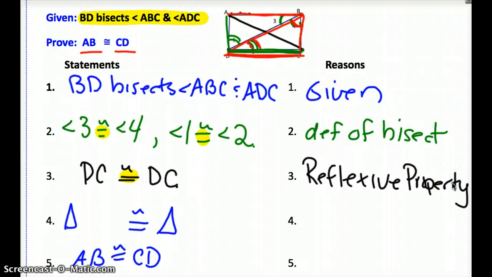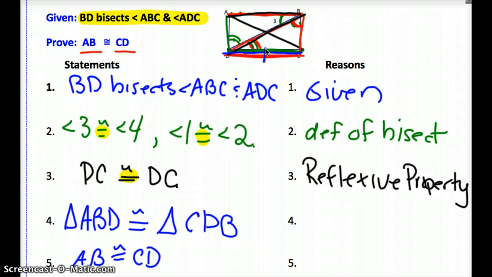And now I have to go ahead and name my triangles. I'm going to start with A, go over to B and then down to D. And then I need to start at C, go over to D, and then up to B. And my reason is, here's my shared side.